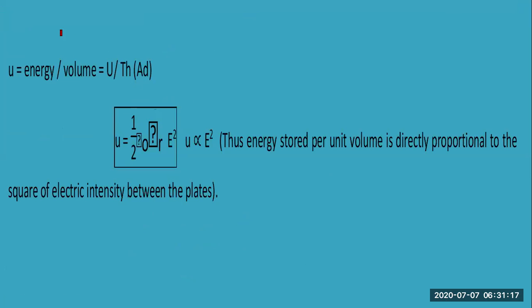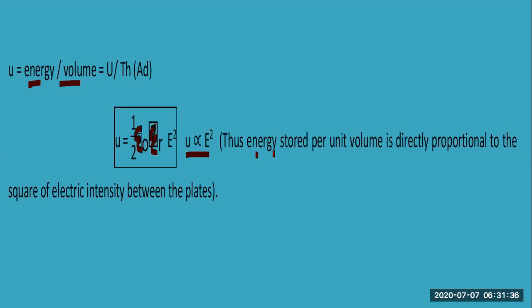So here it is. If you put the values of energy per volume, it is equal to basically this one, which is epsilon naught epsilon r E square, and when we divide by volume, U is directly proportional to E square.